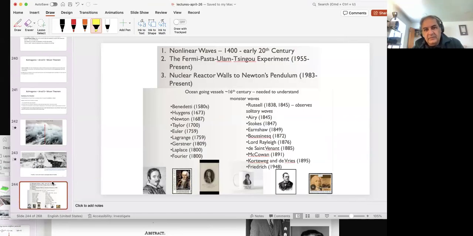So all these people studied waves. You know Huygens' name from optics, he studied these waves. You know Newton's name from mechanics, he studied these waves. Taylor instability, Taylor studied them. Euler, Lagrange, Laplace, Fourier, Airy, Russell, Stokes, Earnshaw, Boussinesq, ultimately leading up to 1895 when the Korteweg-de Vries equation was solved, which I'll touch upon.